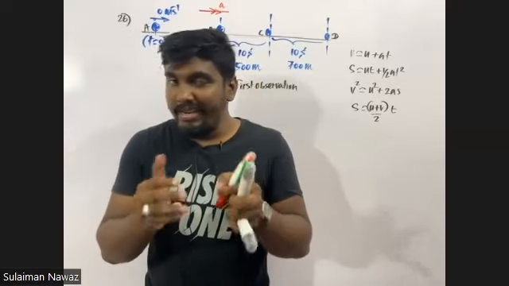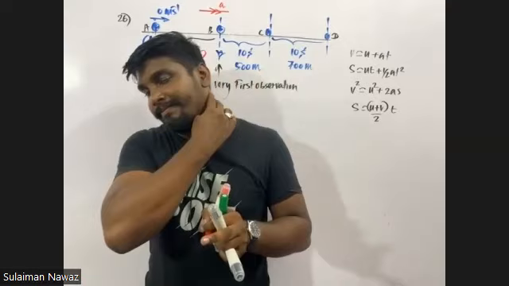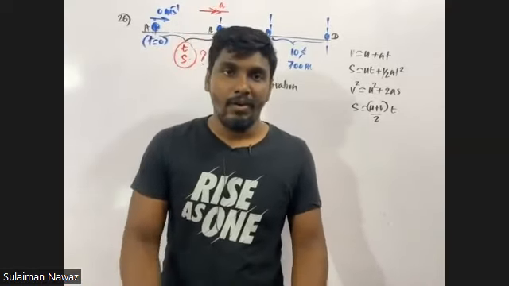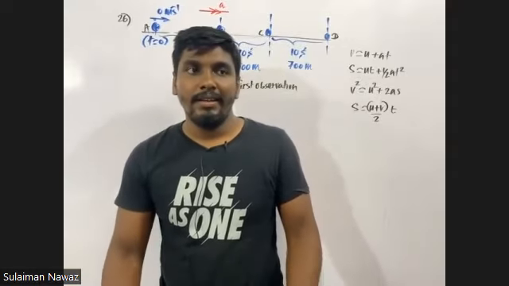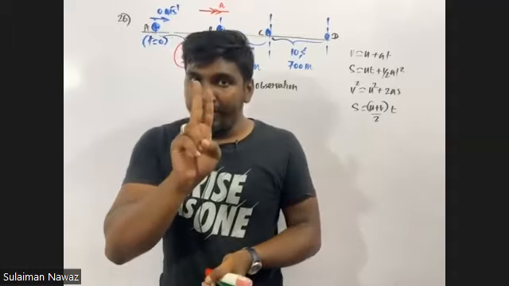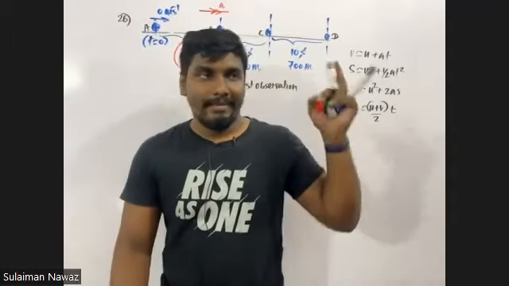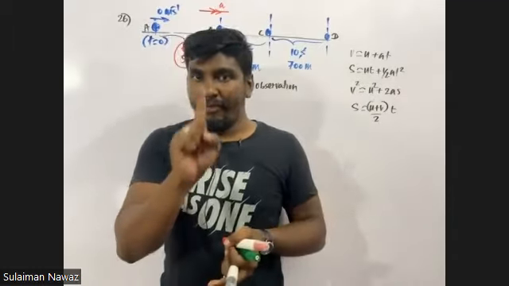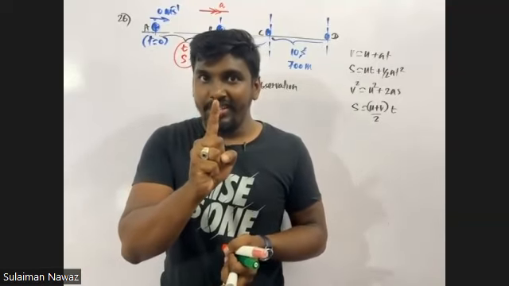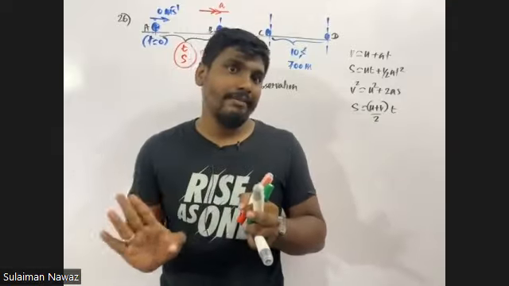When you select motion, there are two critical points. Stop doing, look at it. In order to go for a final answer, there are two important points. In questions like this, one important thing is: what is the linear motion equation that you are going to select?